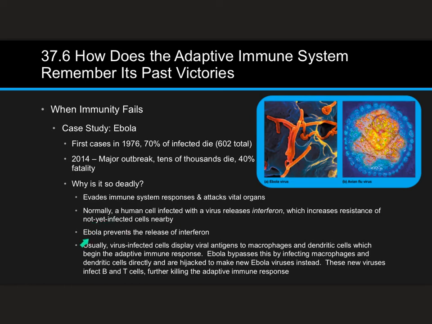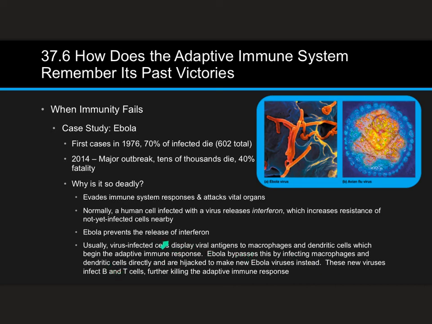Well, Ebola prevents the release of interferon. So the nearby cells have no idea that other cells nearby are getting infected. Usually, virus-infected cells display viral antigens to macrophages and dendritic cells, which begin the adaptive immune response. Well, the problem here is that Ebola bypasses this whole system by infecting macrophages and dendritic cells directly.